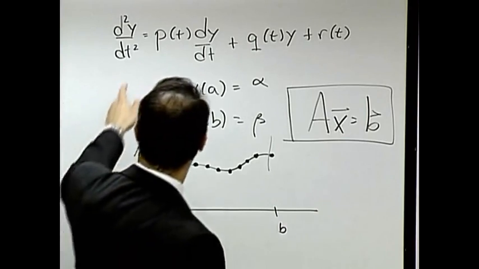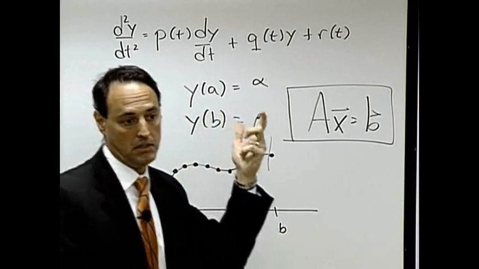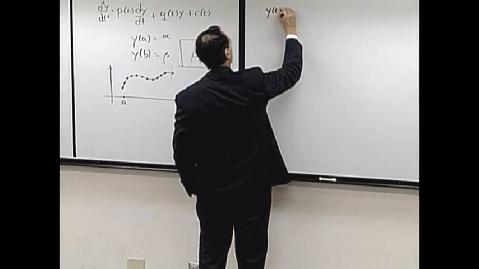So first of all, what I have here is a second derivative. Big deal, second derivative. Let's write that equation down now in this discretized form.